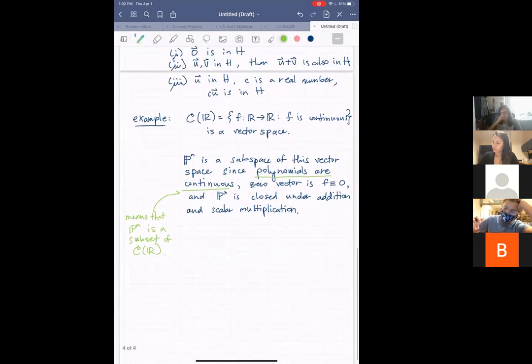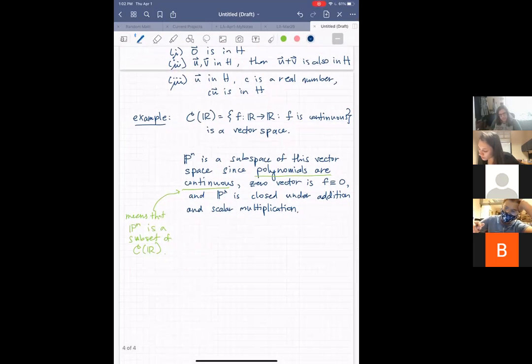What's the curly C? That's the notation we use for continuous functions. Thanks.